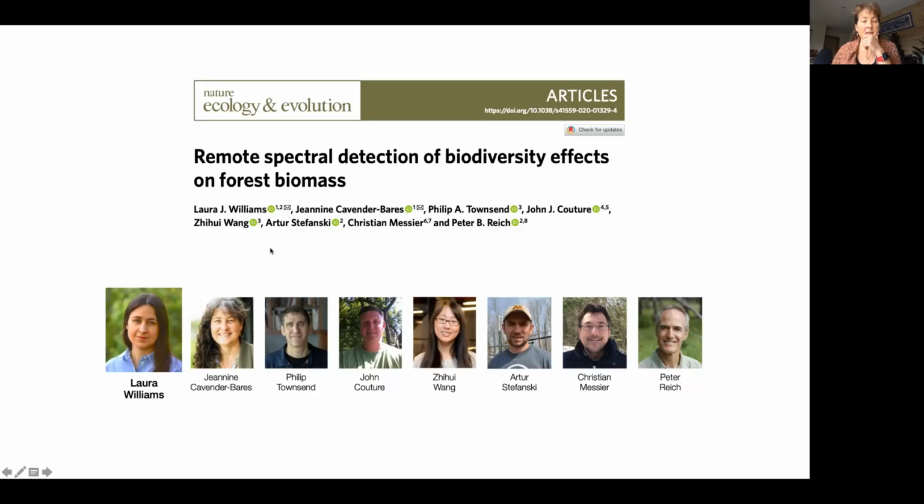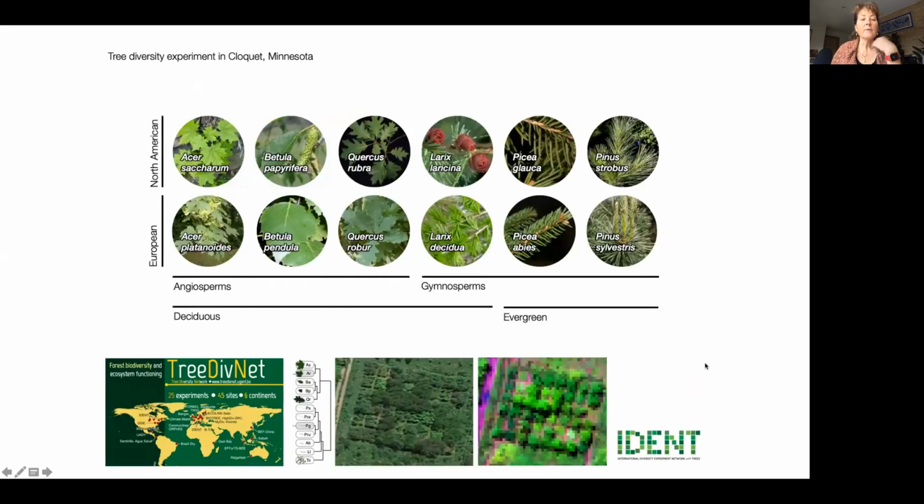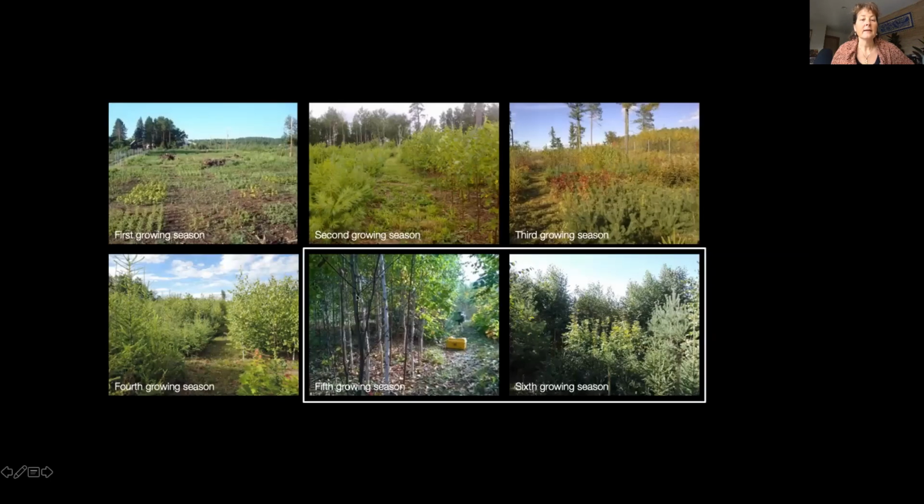And she has been working in one of the tree diversity experiments established at Cloquet, the IDENT experiment that's part of a series of experiments in North America and Europe with these different tree species. And they were planted in a design with varying levels of diversity, not unlike the BioDiv experiment at Cedar Creek, but with tree species now.